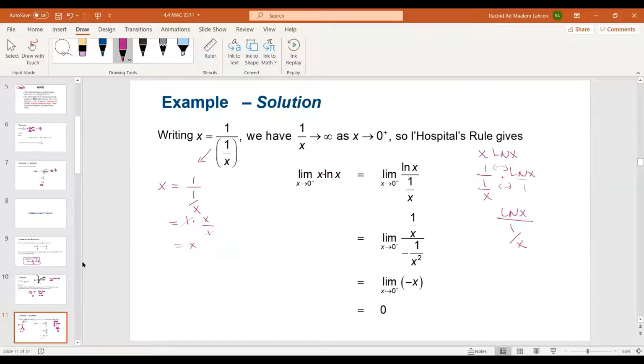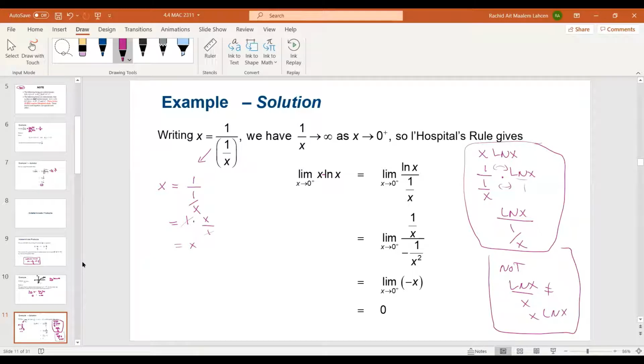That's a simple way of thinking about it. Of course, you can't just switch it and say ln x over x, because that's not the same as ln x times x, right? So bring one of them to the denominator as a reciprocal.